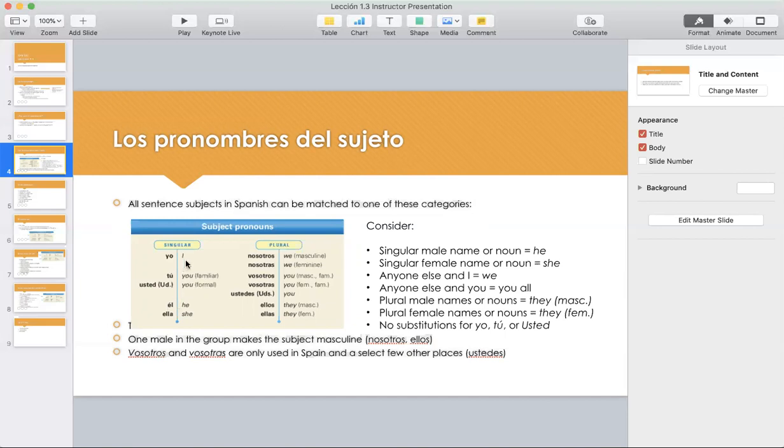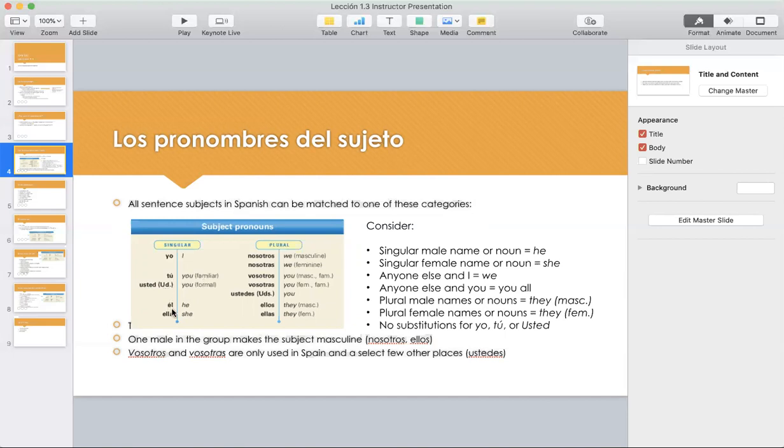So let's start with the first one. We have yo, which is I. Tú, which I don't even need to tell you because you already know, right? Tú is the you, the familiar, the informal. Then we have usted, which is the formal, right? This one here is just the abbreviation of usted, how you will write it down, Ud.